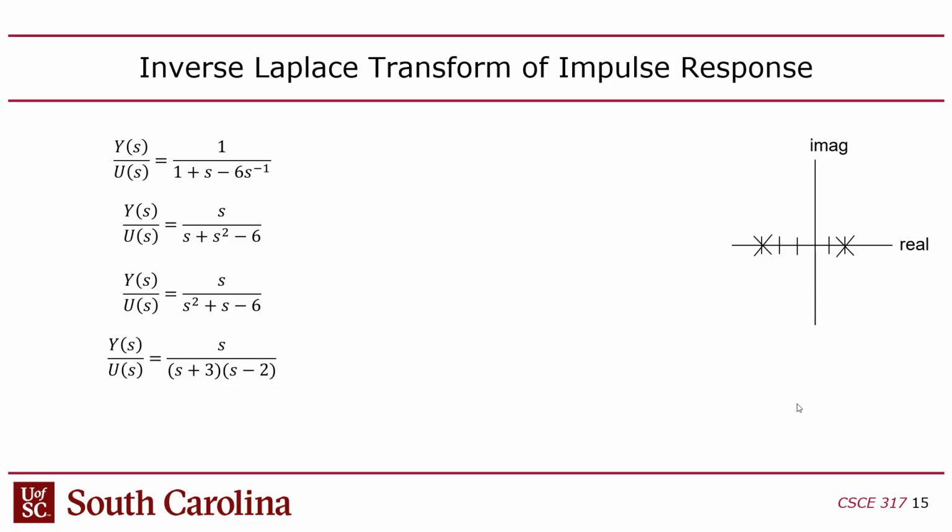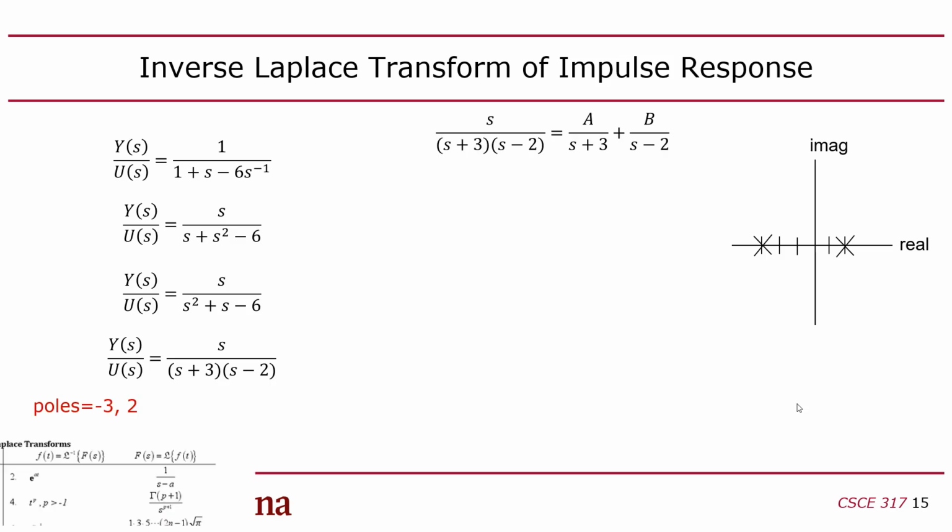If s is 2, I'm going to make that denominator 0, and that's going to be my pole. So it's unbounded. So there are the poles there.